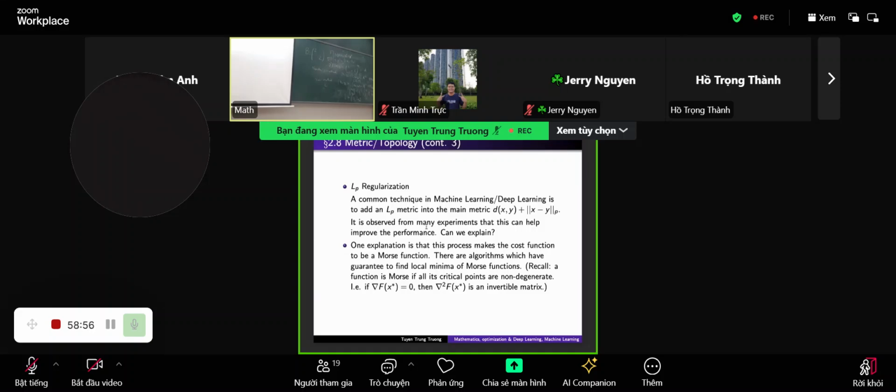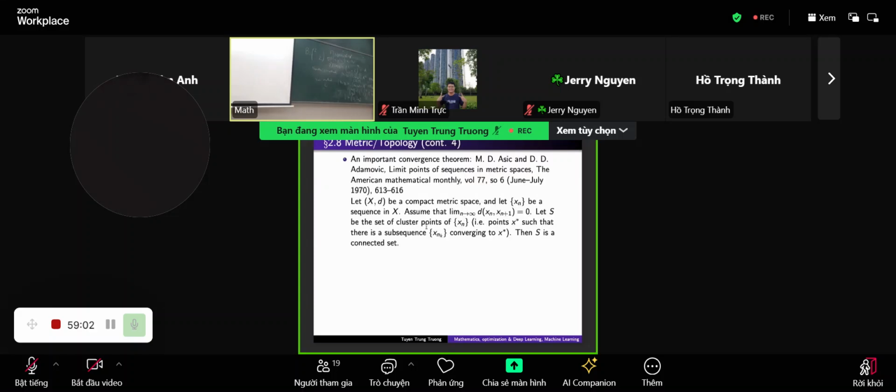Or if you apply the method BFGS, the second order method that I mentioned before, it is also doing this. And an important convergence theorem is this result by Asic and Adamovic.